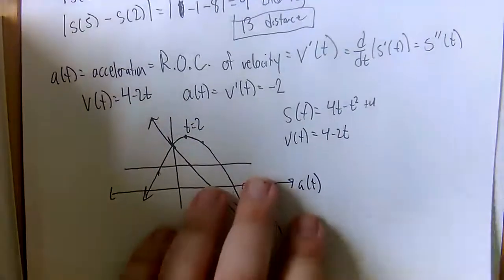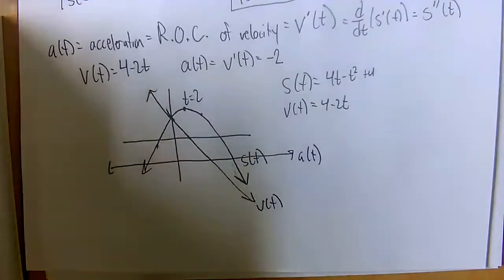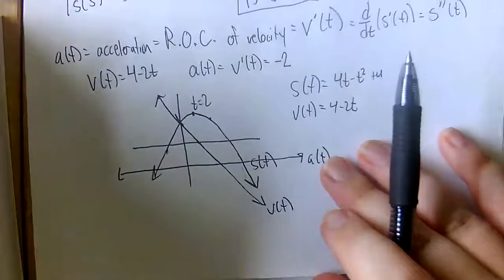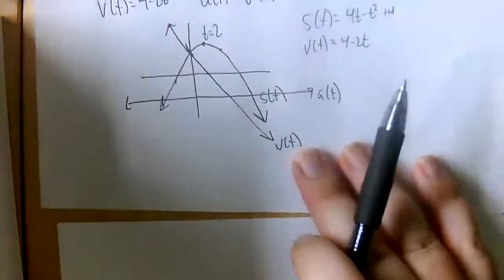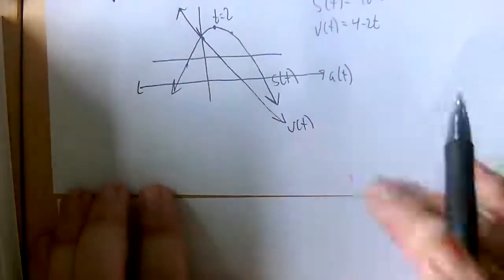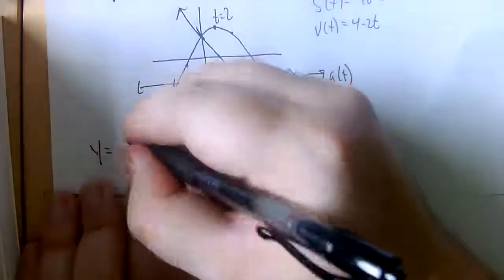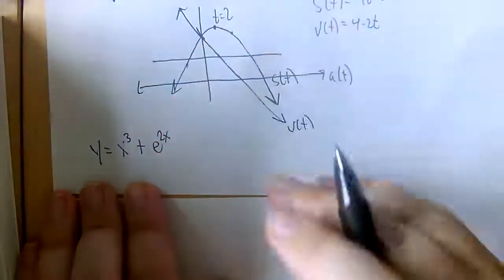All right, now we don't need to have second derivatives just in the context of physics or motion of particles. We can also have higher derivatives just in pure mathematics as well with any kind of function that we want. And especially in calculus 2, we're going to be using a lot of these higher derivatives quite frequently. Let's take a look at an example here. Let's say that y is x cubed plus e to the 2x.